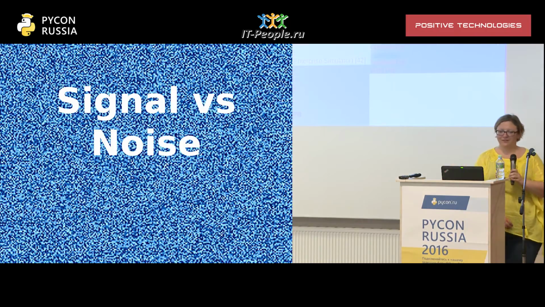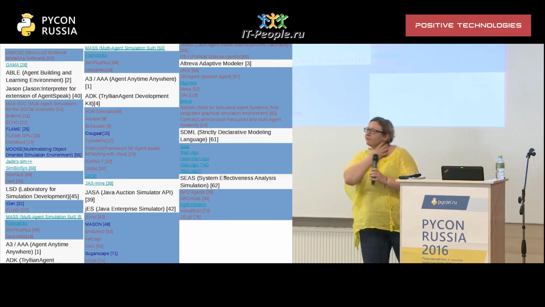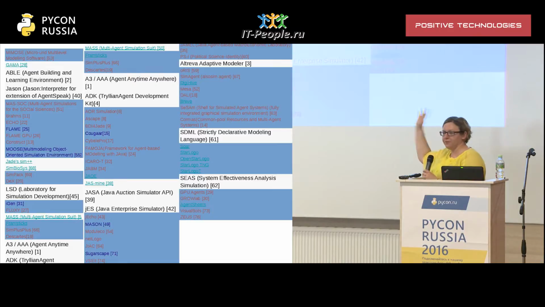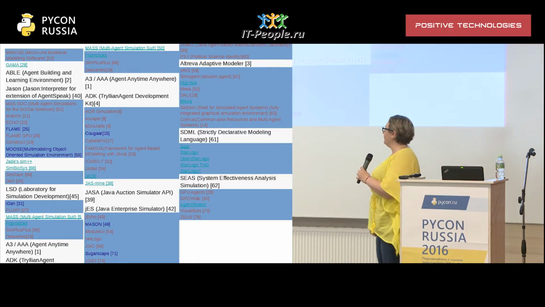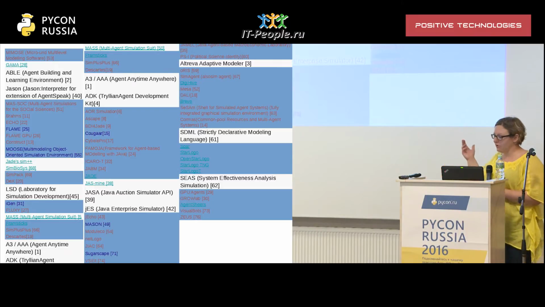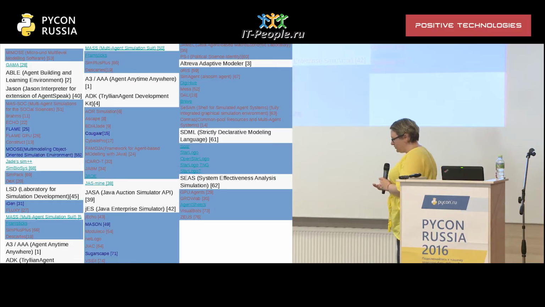Signal versus noise. This is a list of 89 agent-based software modeling libraries. Now I'm using the agent-based modeling software example because that's what I'm building a library for in Python. Not all of these are open source, but when you have such an environment, it makes me question, agent-based modeling is not something a lot of people do.